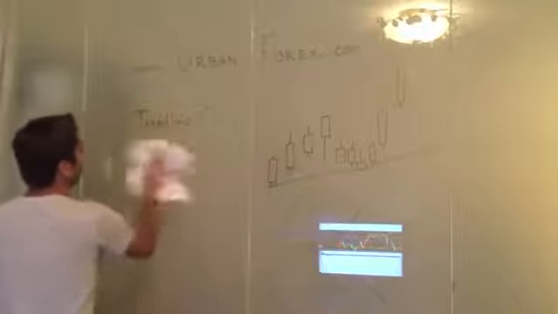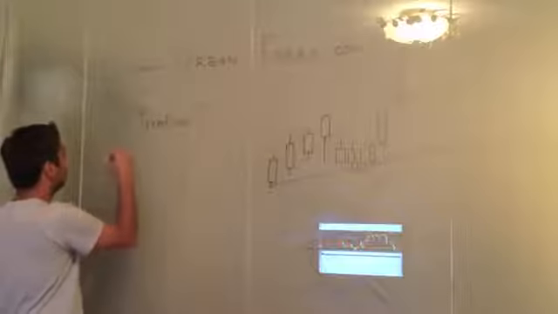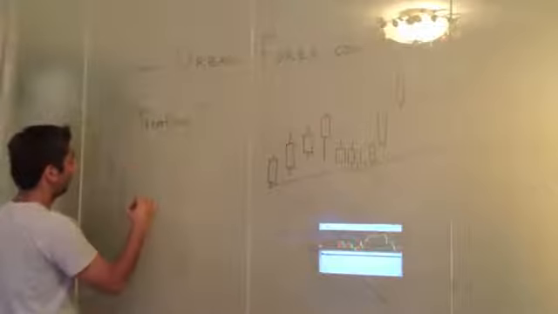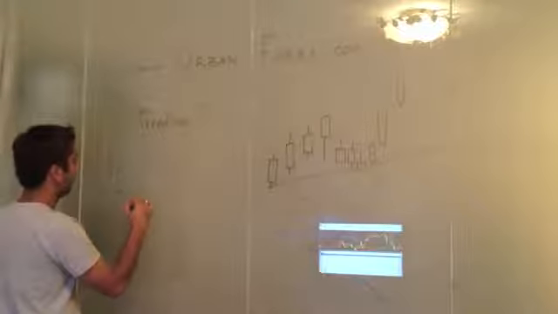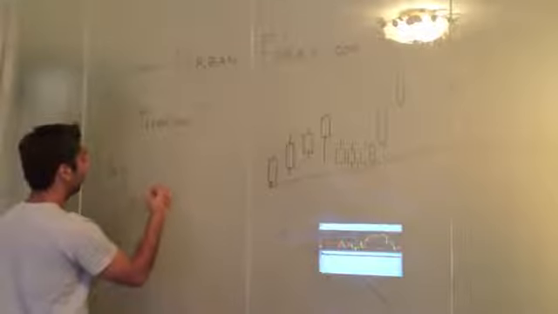Let me show you a nice example for a downtrend. You have your nice candles, market's going down. And then finally it starts to turn around.